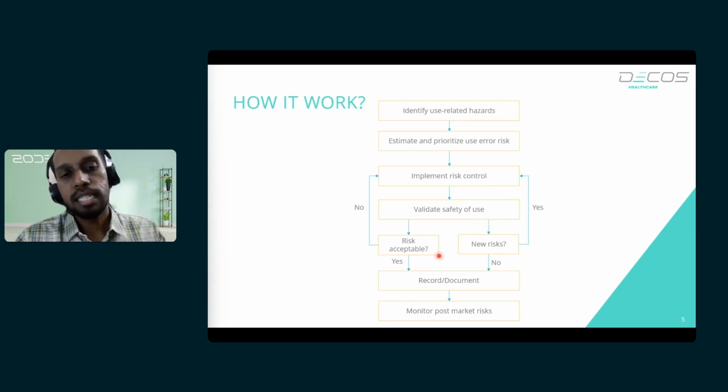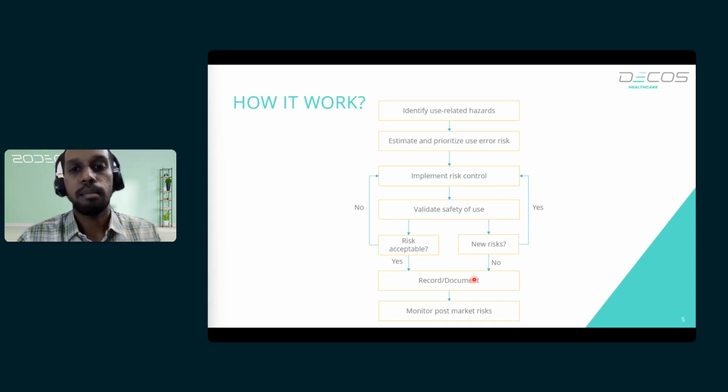If the risk is acceptable, I can directly document it. Or, if new risks are generated from the identified solution, I need to go back again to the risk control measure, and this process needs to go down again. Once these risks are acceptable, I need to document it.